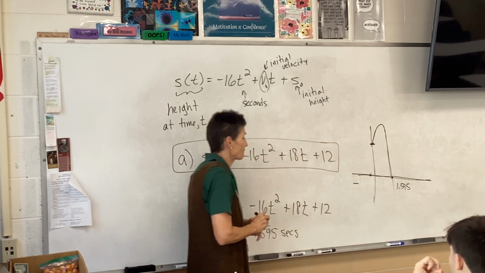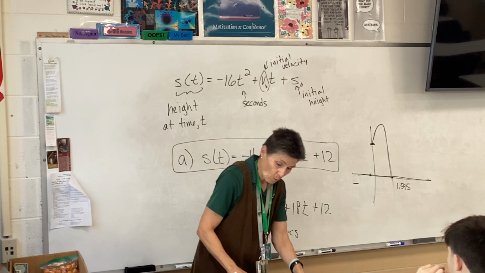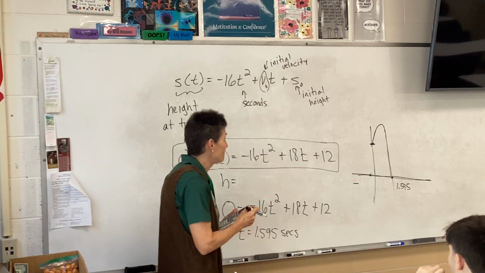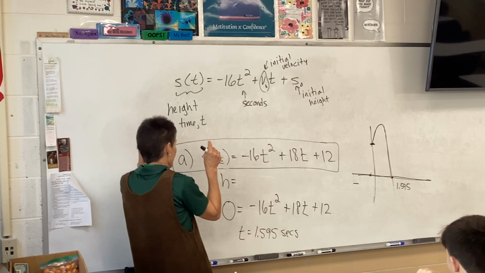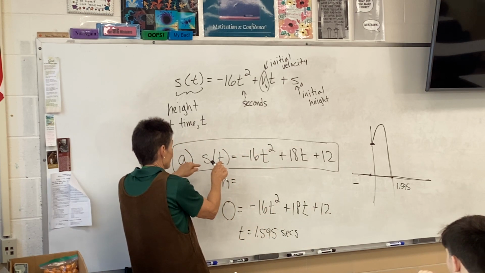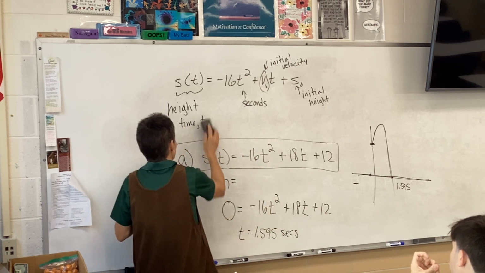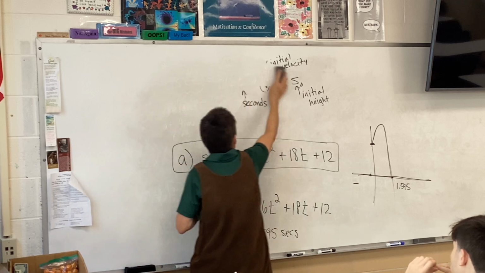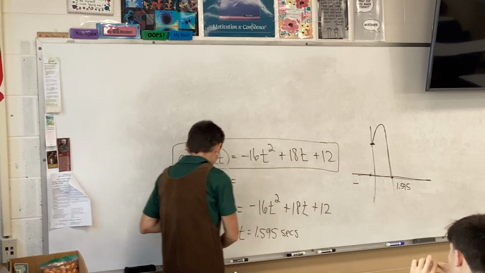Okay, next. When will the ball be 15 feet above the ground? Now remember, the formula in the box is the one you're using for every part of this problem. So we're using this same formula now.